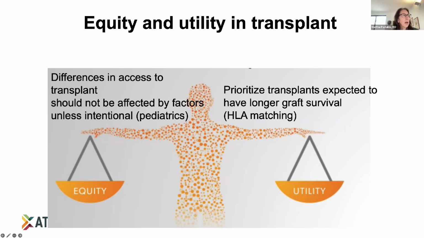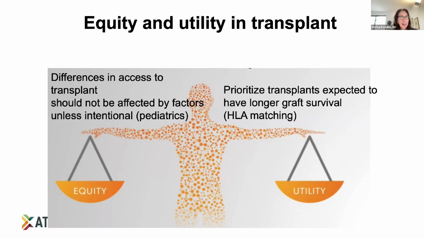Now, equity is really best defined by what it's not. Differences amongst populations in access to transplant should not be affected by factors unless they're intentional. Any of you who are also practicing transplant nephrologists in the United States probably talk about KDPI to your patients, as I do.